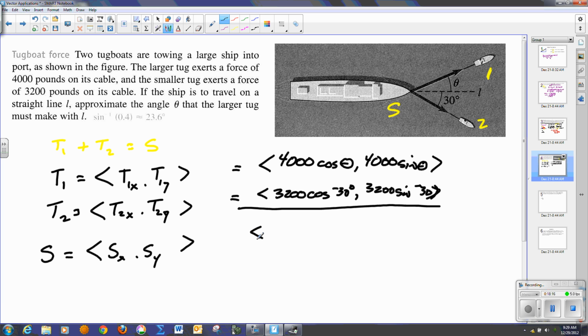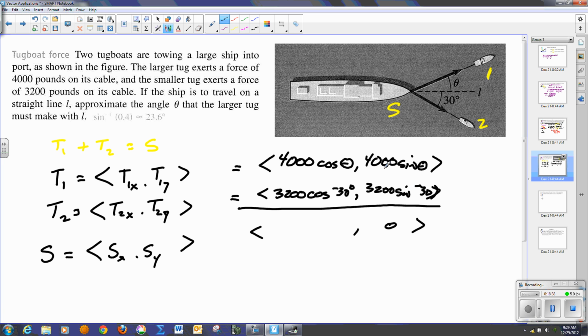Now, the x and y components of the big ship, I know one of them. I know its y component is going to be 0, which makes life convenient. All right, I don't know the other component. All right, and they asked if the ship's going to travel on a straight line, what angle does the larger tug have to make?